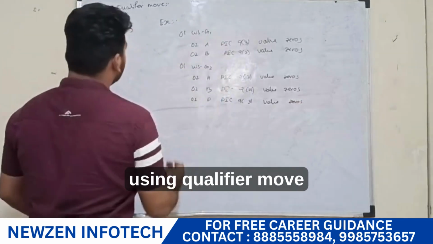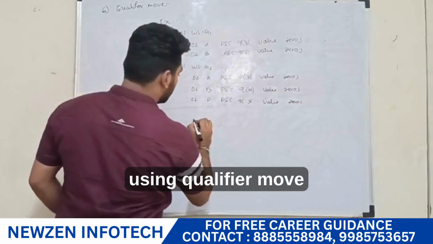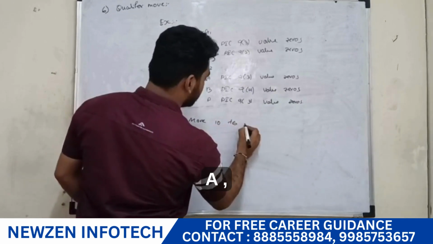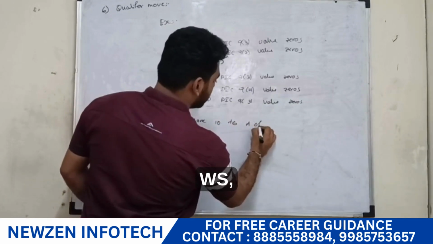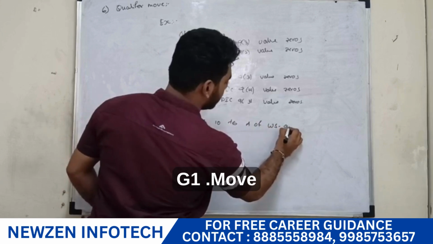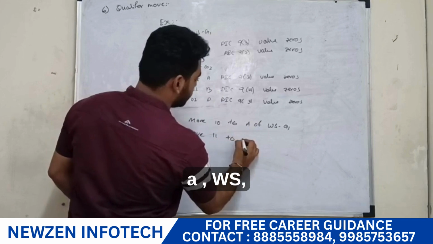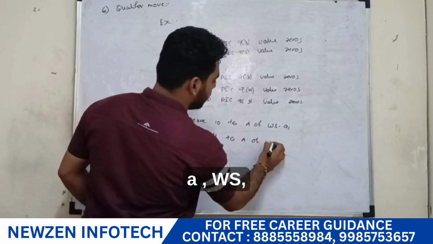Now we are using the qualifier move. MOVE 10 TO A OF WSG1, MOVE 11 TO A OF WSG2.